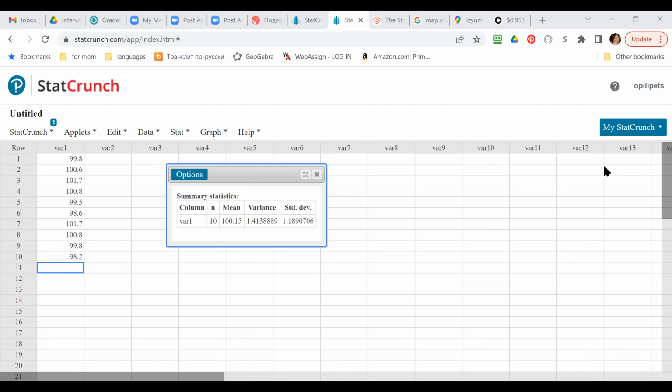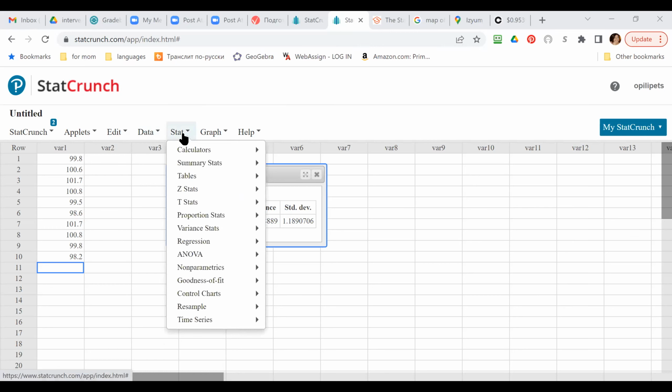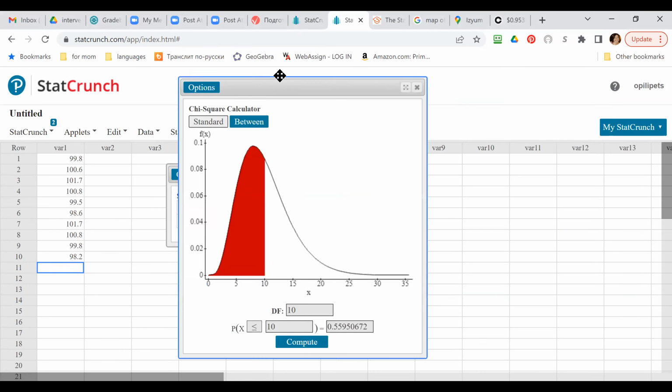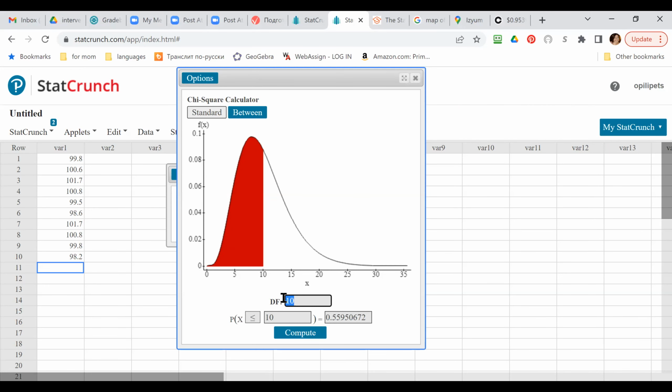Now, in my formula, I'm going to have S squared, which is variance. So I may as well calculate the variance and copy it down right now. What I also need are my chi-square values. So I'm going to go to Stat Calculators and select chi-square. Here's my chi-square distribution. I'm going to put 9 for the degrees of freedom.